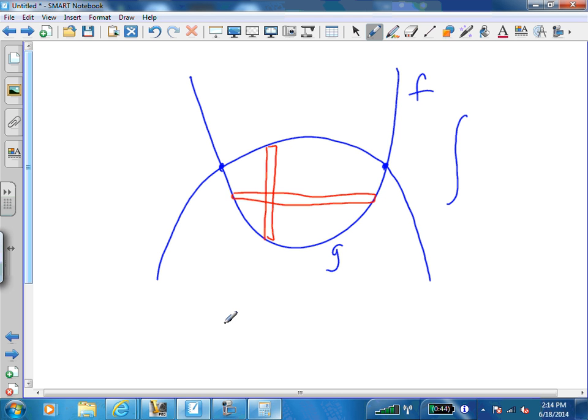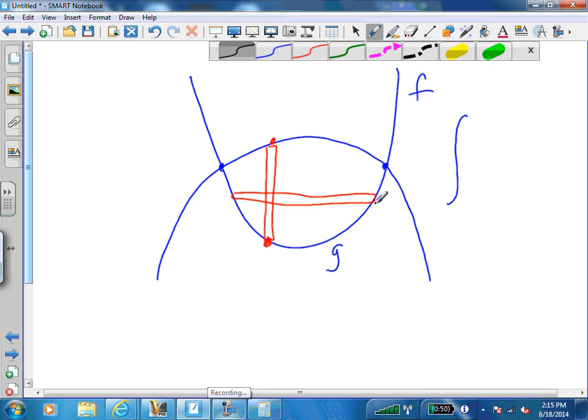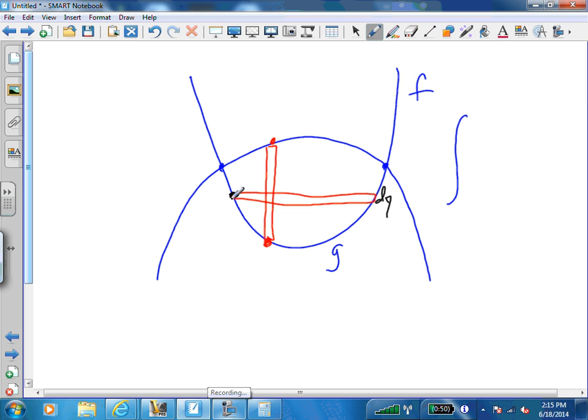Dx, because we want to choose the direction such that we always have one function at the top and a different function at the bottom. Notice if we chose dy, this function is on both ends. Both ends are touching the same curve. We need our ends to touch different curves. So our change is in the x, so we're going to integrate dx.